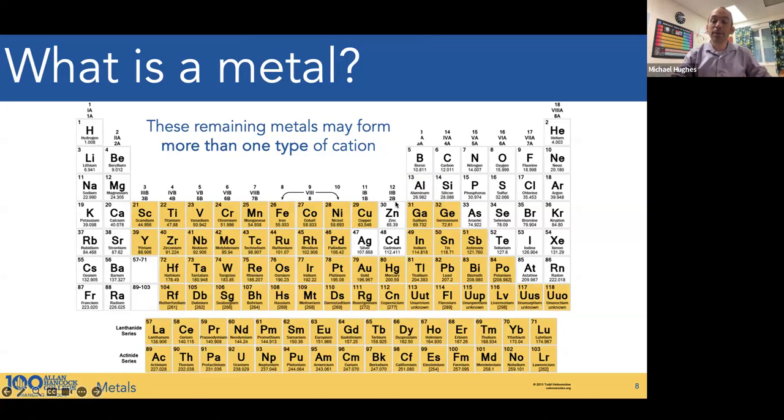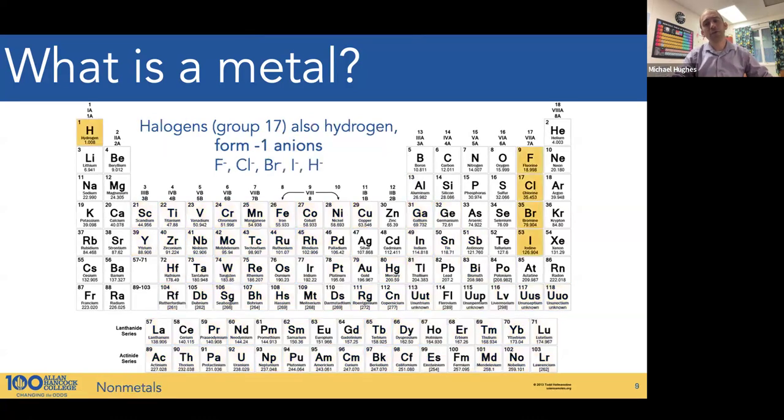And so to be able to determine what the charge of the mystery metal cation is, we often have to know something about the counter charge, the anion, the negative charge. And we know that when hydrogen takes the place of an anion, it, along with the halogens in group 17, fluorine, chlorine, bromine, and iodine, they all gain 1 electron and form a 1- charged anion.